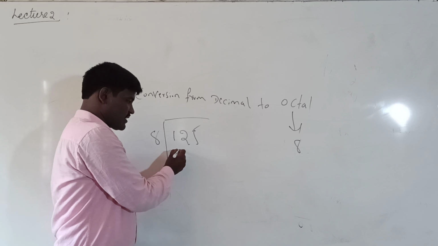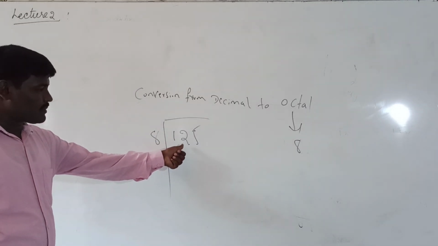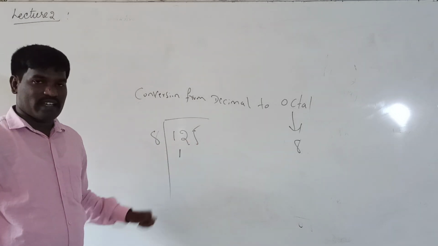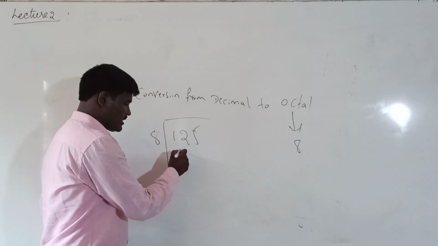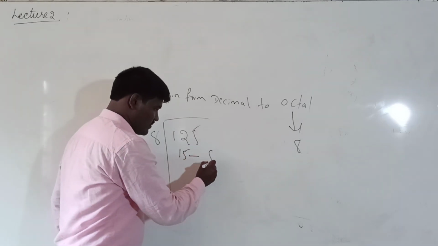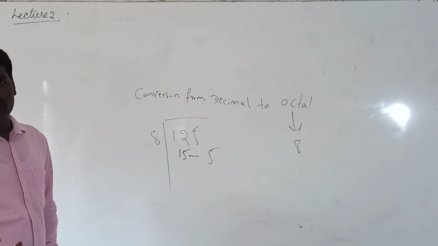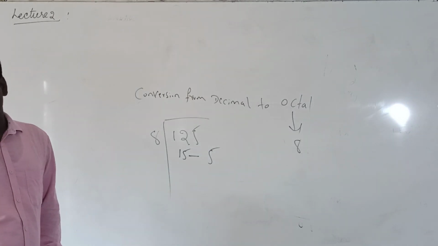See here, 8 1s are 8, remainder is 4, that is 45. Nearest value is 8 5s are 40. Remainder is 5. Just write down the remainder, same as the first one, decimal to binary.